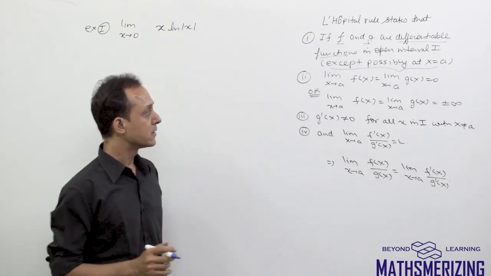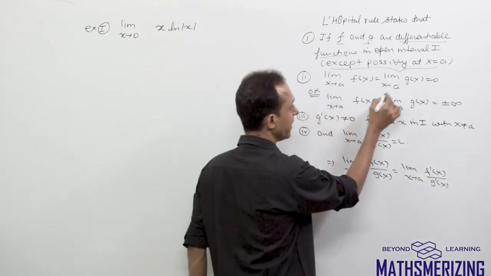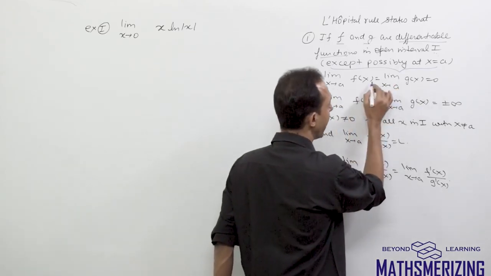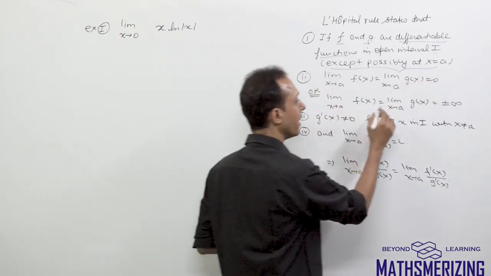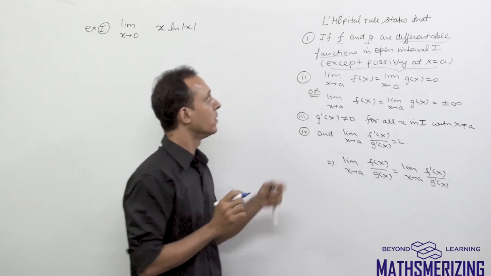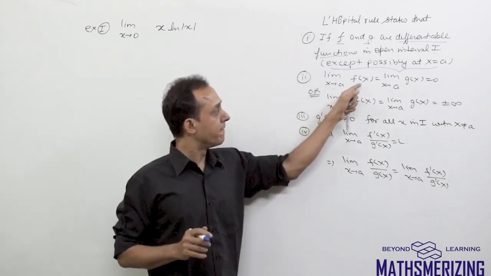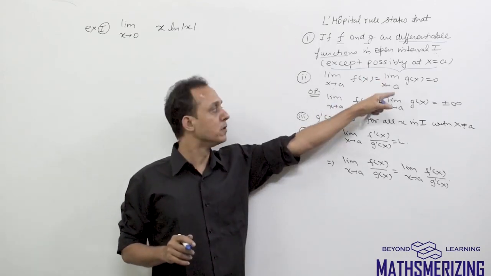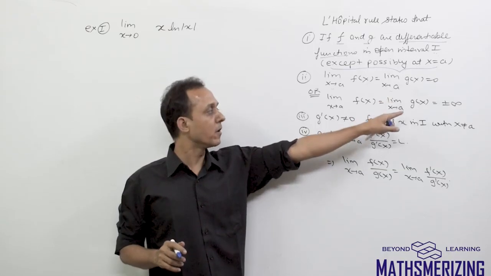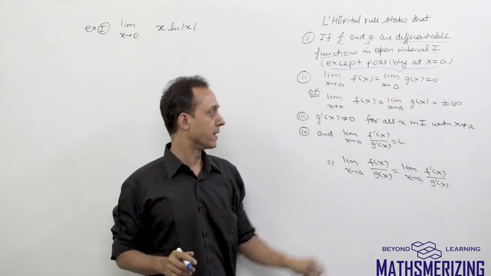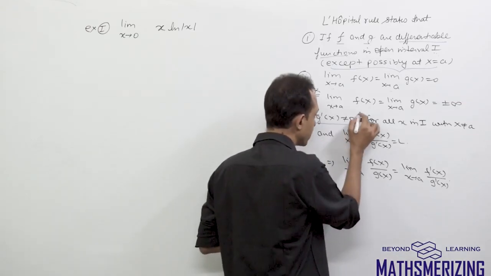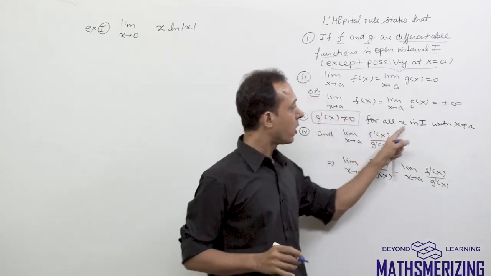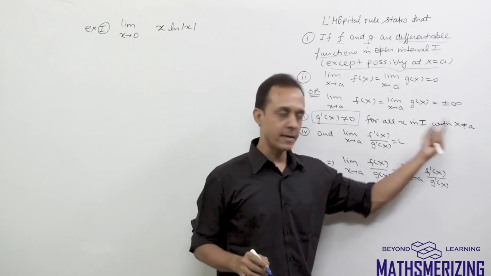The second condition is that the limit as x tends to a of f(x) and g(x) should either be 0 or plus or minus infinity. So this rule holds when f(x) upon g(x) is either 0 upon 0 form or infinity upon infinity form with plus or minus sign. The third condition is that g'(x) should not be equal to 0 for all x except possibly at a.